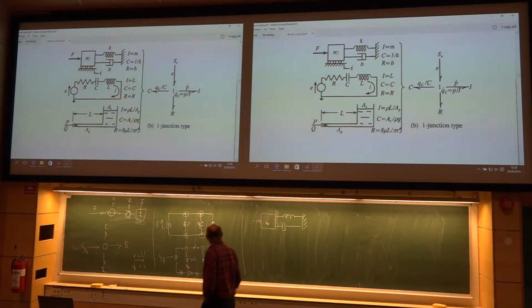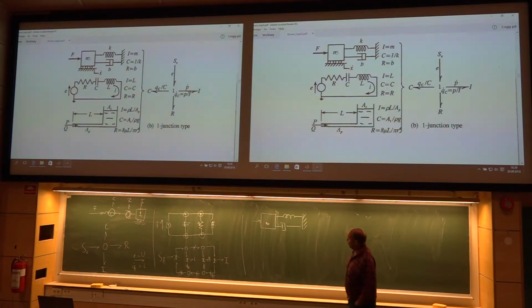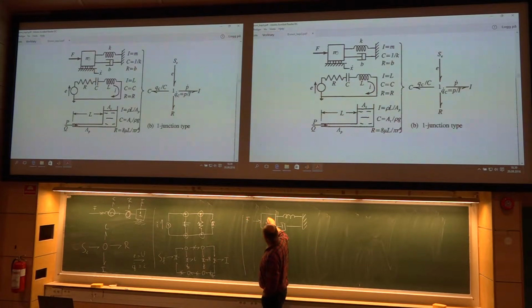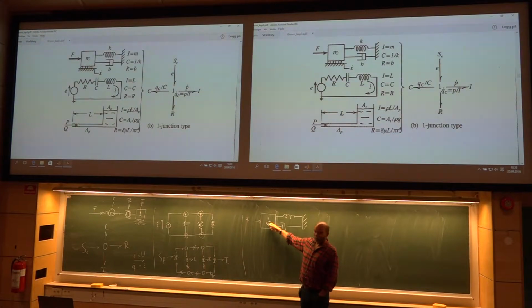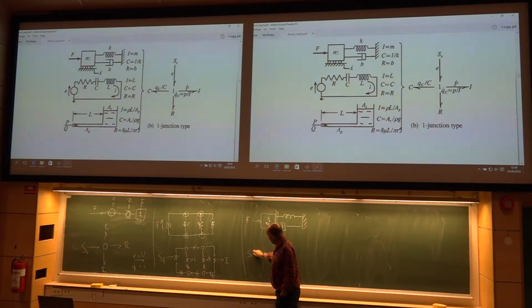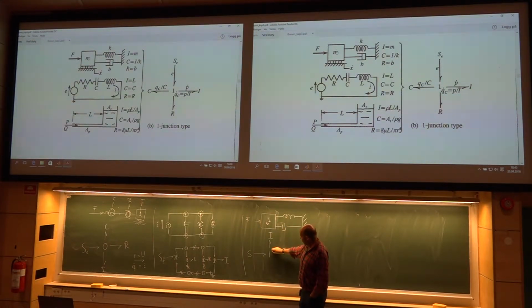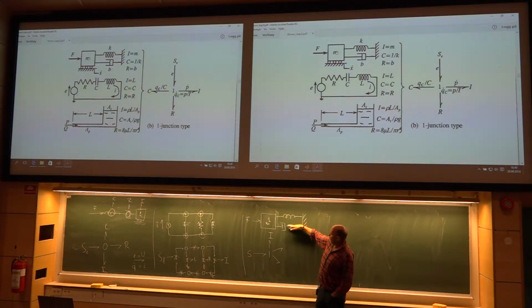Draw the bond graph. Okay, you have a force hitting something with its own velocity. That's a 1 junction. And clearly, when this 1 junction has mass attached to it, you insert the mass directly. Then it branches into 2 separate elements here, a spring and a damper.